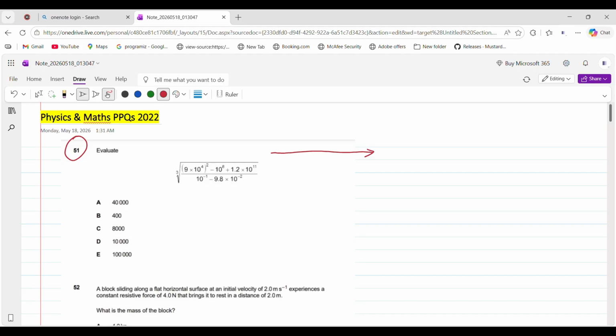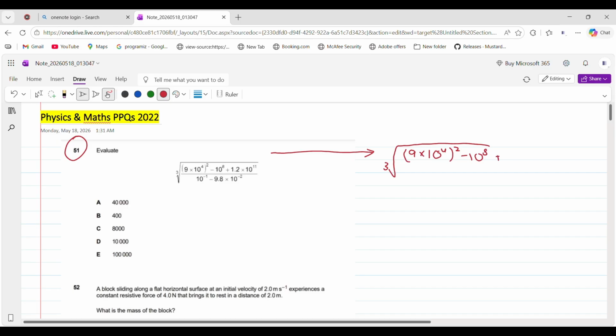Initially I'm writing the question as it is here as well, so that it doesn't create any confusion for us. It's the third root, right, which is the cube root. 9 into 10 to the power 4 raised to the power 2 minus 10 power 8 plus 1.2 into 10 to the power 11.